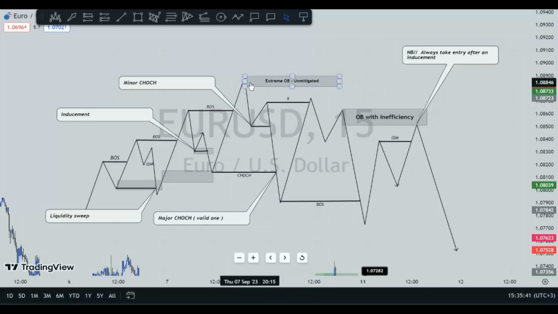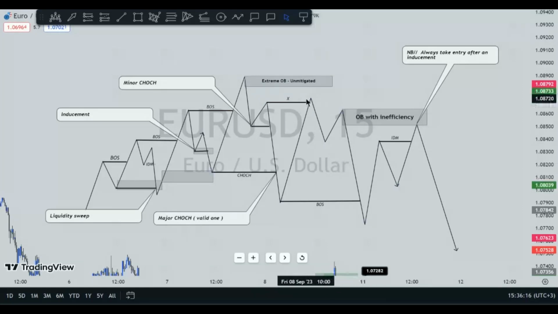Now we have marked our extreme and mitigated order block as I have indicated here, and price moved after this change of character. Price moved up, and then it didn't mitigate this order block, but swept this internal high, swept it and then moved down.